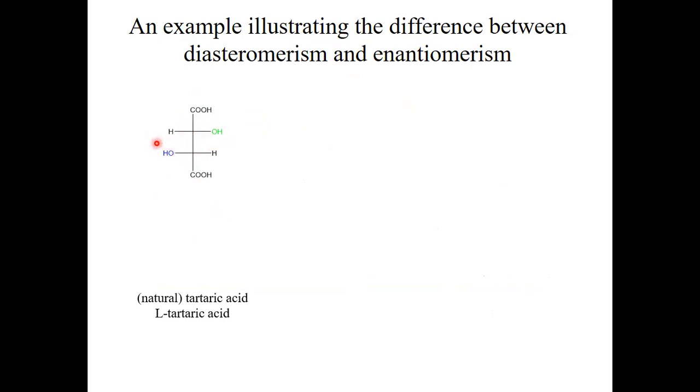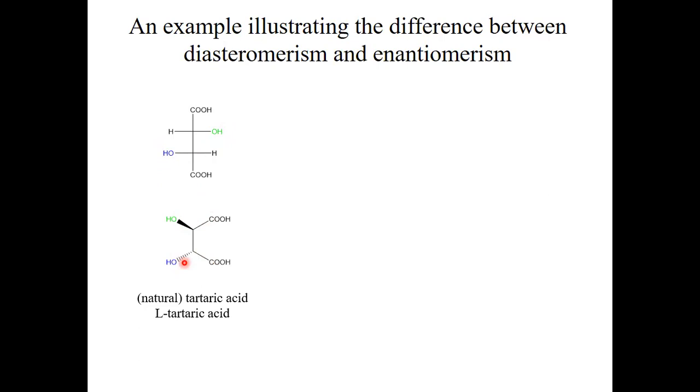So how does that translate to the real structure, which is seen here? So here we see the real structure, so all the carbon atoms lie within the paper plane. And an OH pointing to the right means the OH actually points toward us, and an OH pointing to the left means that the OH is actually pointing into the paper plane.